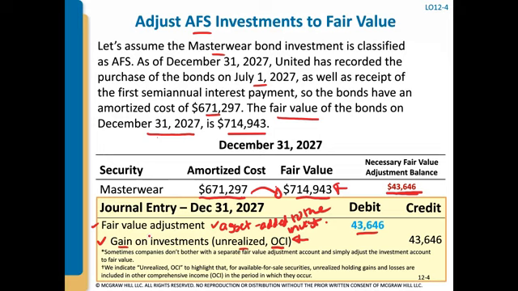Well, the reason for that is the available for sale securities are likely to be held for multiple reporting periods, whereas the trading securities are not. They're very short term.